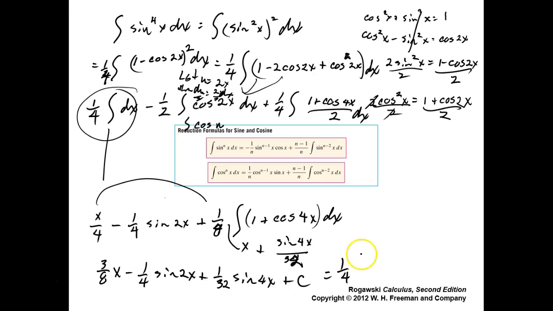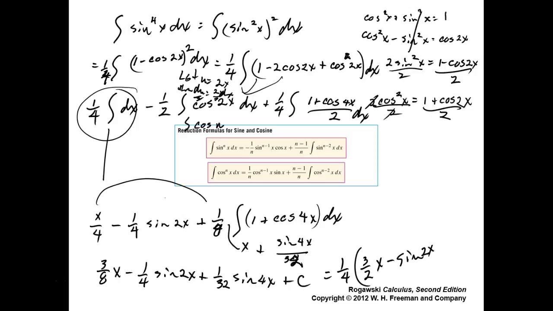And that would leave us with 3/2 x minus sine 2x plus 1/8 sine 4x, plus c. Now, I don't know if that's how they leave the answer or not.